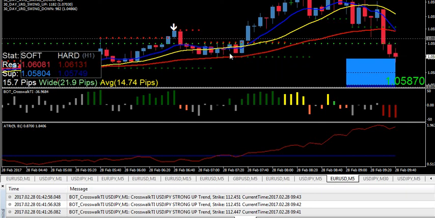And in this instance, price is above the average. The 8 is already above the 16, which is already above the 15, which is telling us that price itself and all of these moving averages, on average, price is moving up.